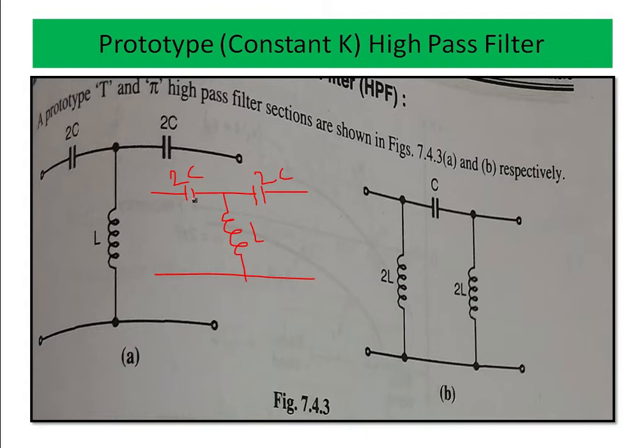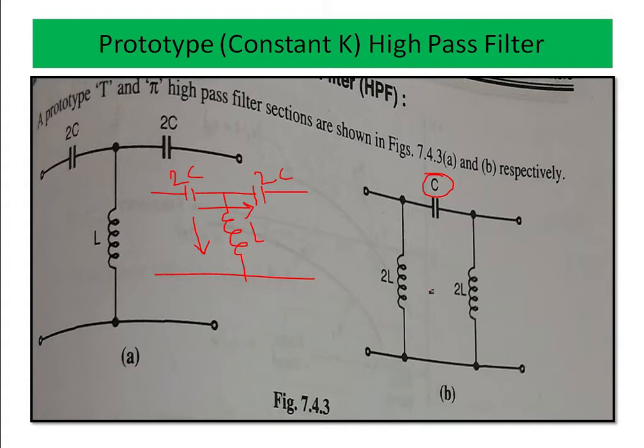The capacitor is connected in the series arm impedance and the inductor in the shunt arm impedance. Here the capacitors are 2C and the inductor is L, and this is the pi section of the high pass filter, where the capacitor is C and the inductors are 2L and 2L respectively.